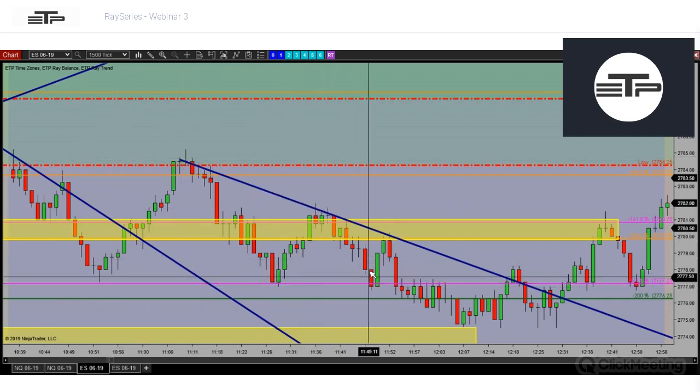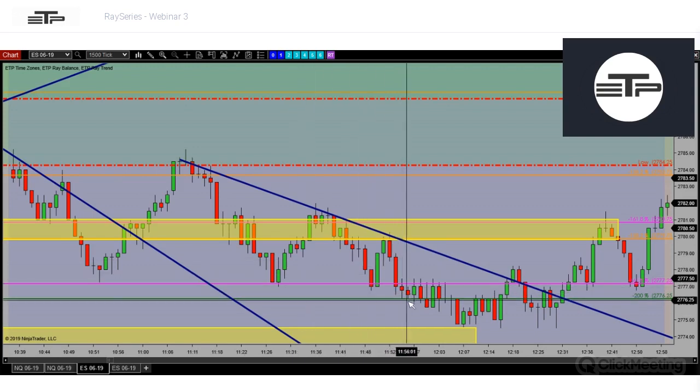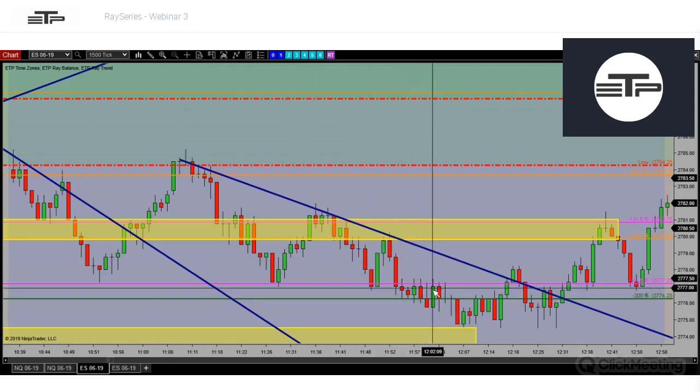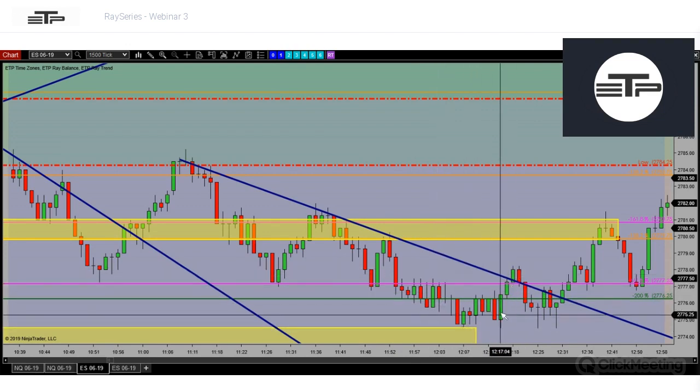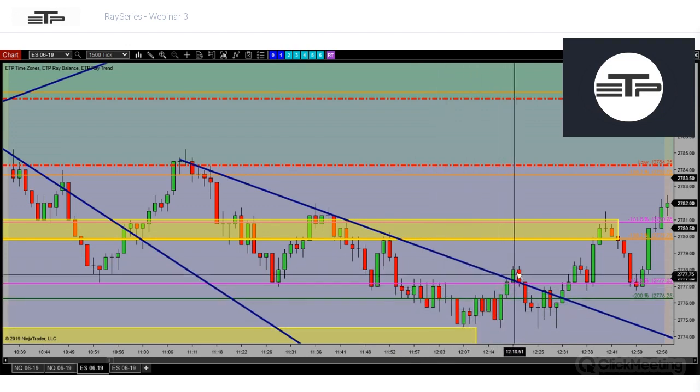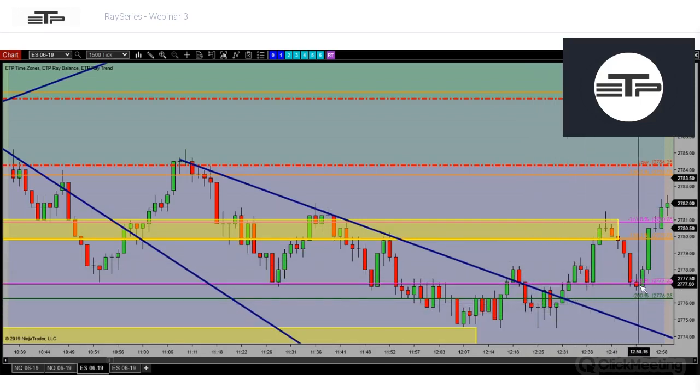Came back up, it jumped off it. Then it comes down and actually still uses it as an actual support and resistance line. It's just that some of the time it goes through it, but most of the time, as you can see, it actually bounces from it.